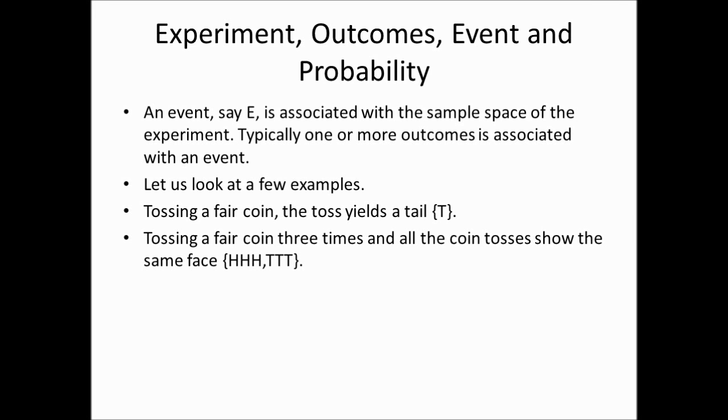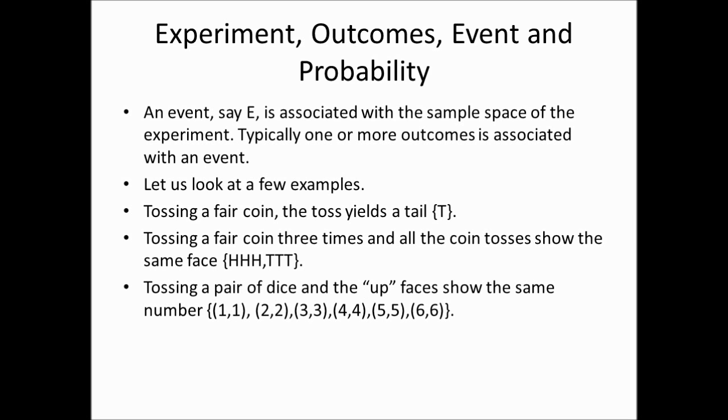We toss a fair coin 3 times, and the event is all coin tosses show the same face. So we have only 2 outcomes in the sample space, all heads and all tails, that support that event. We toss a pair of dice, and the up faces show the same number.